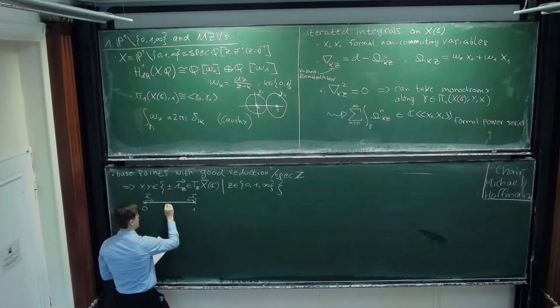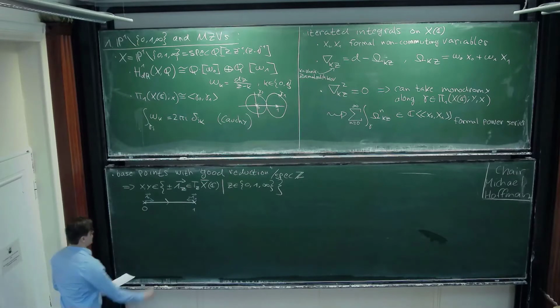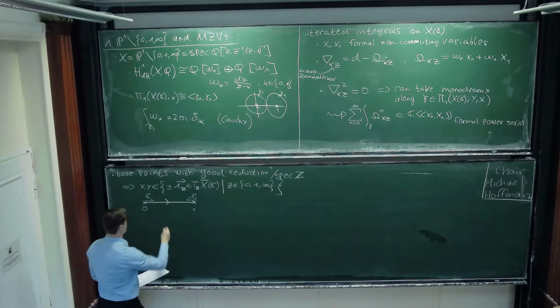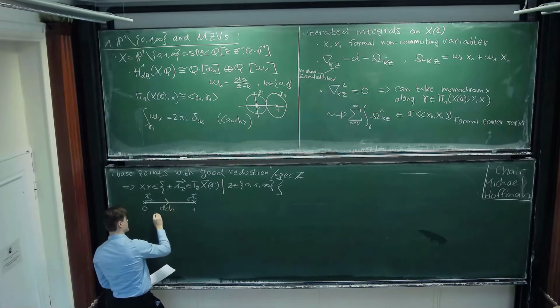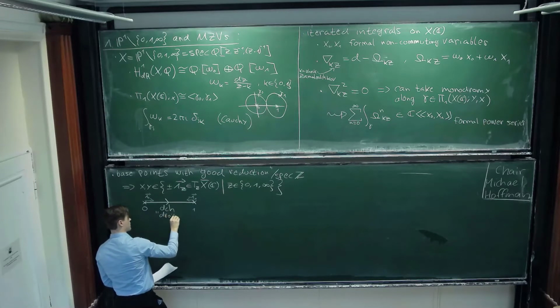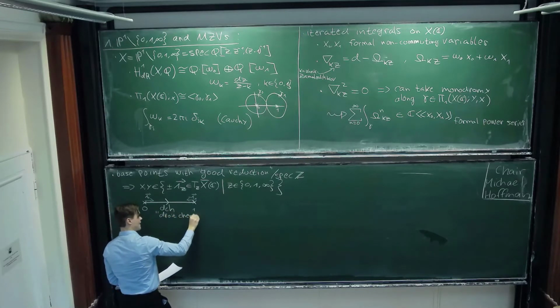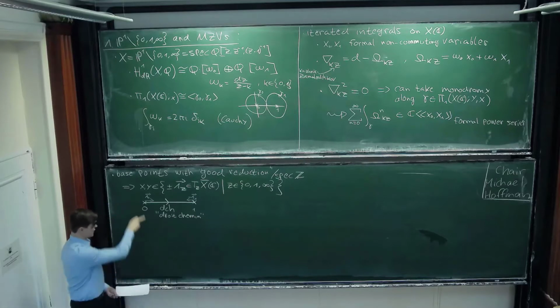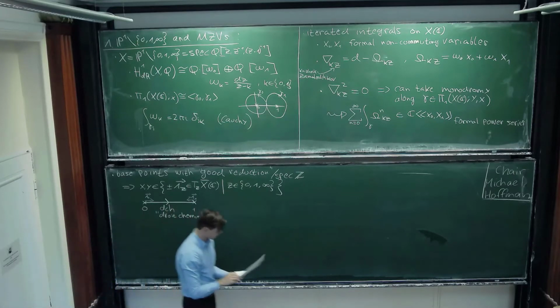And at least when you're French, this is called the DCH, and it stands for droit chemin. So I'm not French, but I still like to call it that way. The droit chemin, so this is the straight line path from 0 to 1.